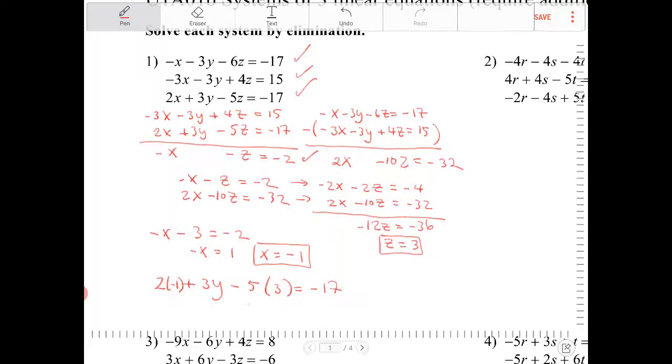So I end up with 3y minus 17 is equal to negative 17. I'm going to add both sides by 17. I'll end up with 3y is equal to 0, or simply y is equal to 0. So I have all three unknowns figured out.